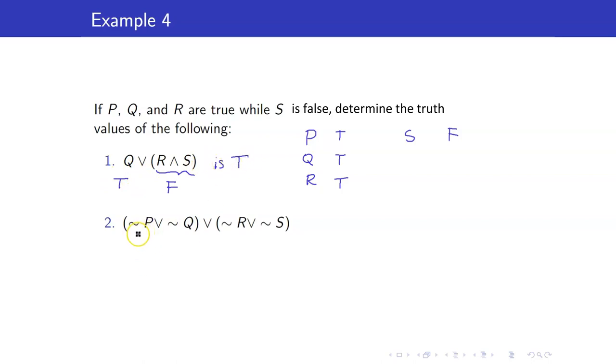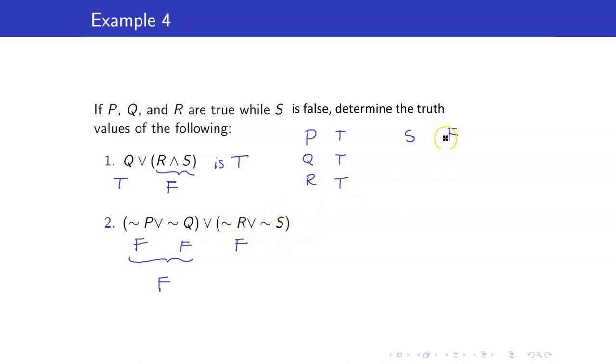Next. For this one, not P or not Q. Not P is false because P is true. Not Q is false. So therefore this whole thing here is false. Not R. R is true, so not R is false.